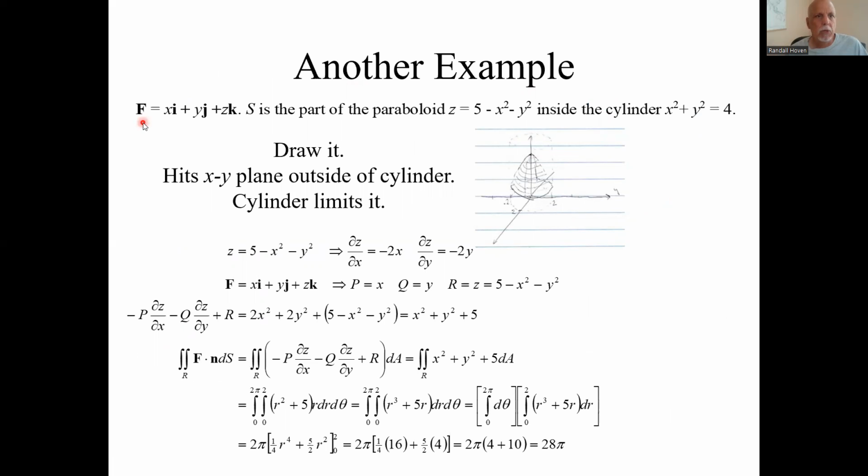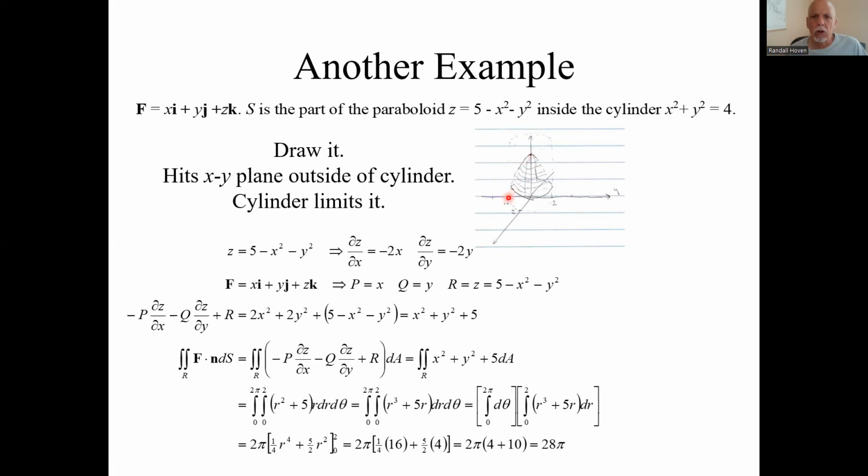This one says, evaluate the flux of this vector field through the surface described this way. You've got z as a function of x and y, but it's inside a cylinder. We have to do some three-dimensional thinking. In this case, the surface is this inverted paraboloid. When z equals 0, the radius of that paraboloid is the square root of 5.